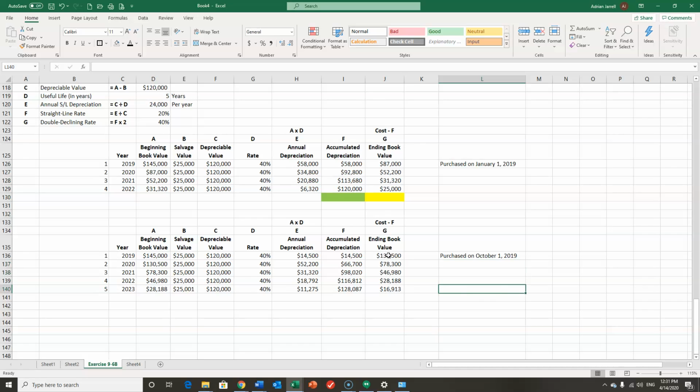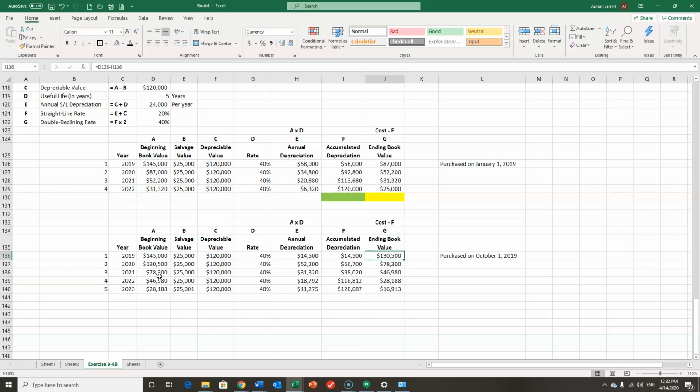And then we just continue working like we normally do. We have $130,000 at the end of the year as the ending book value, cost minus accumulated depreciation. We start with that for the second year, times 40%. So in the second year, which is a full year's depreciation, we take 52,000, and 78,300 is our ending book value.